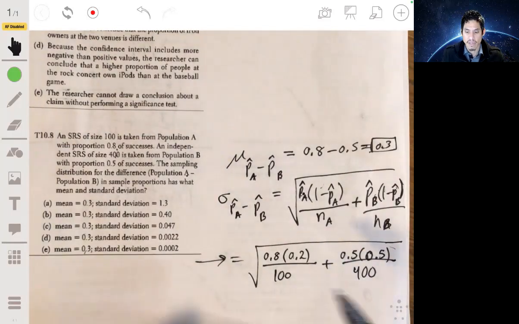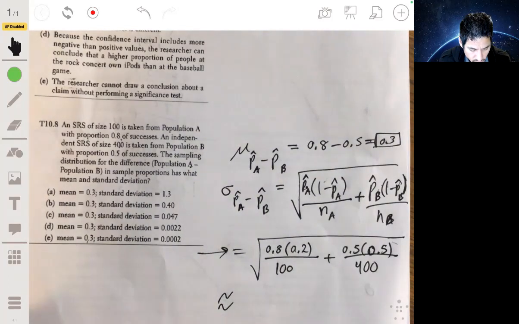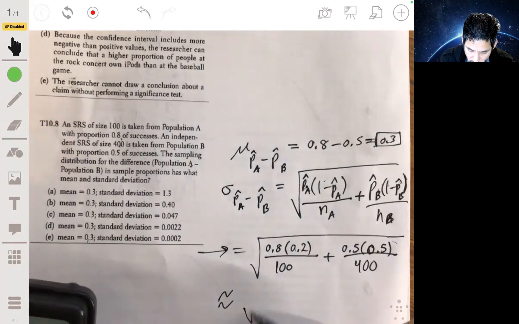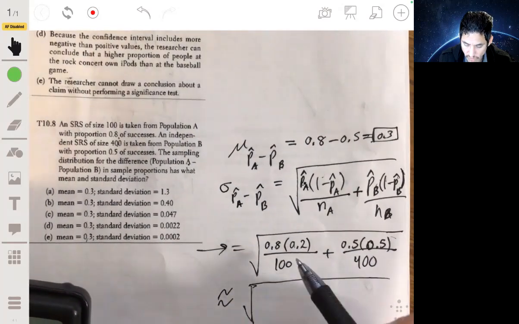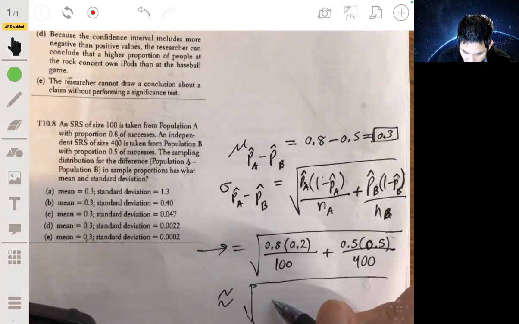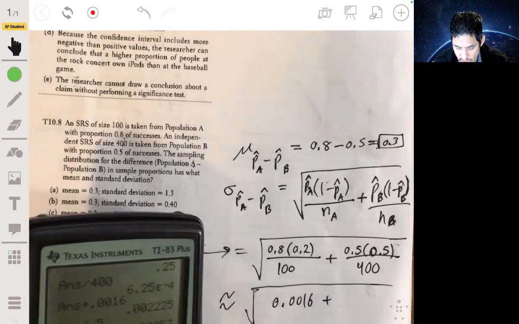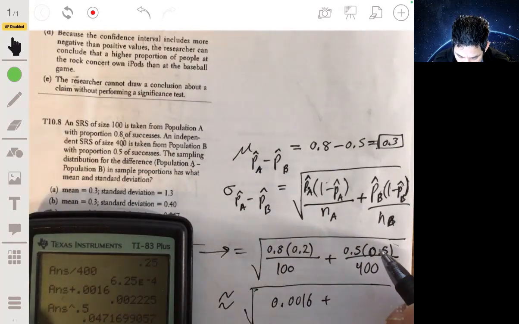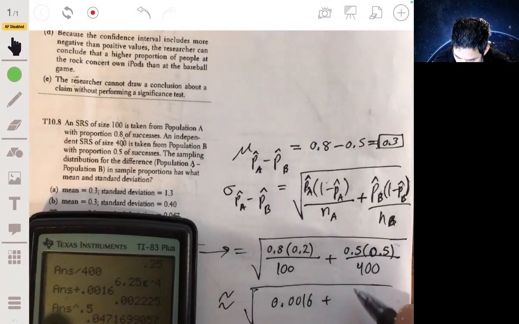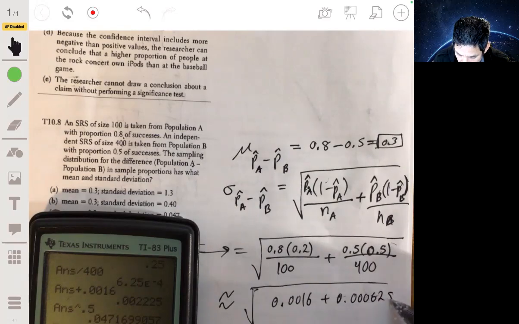So if you do the math correctly, under the square root you should get about 0.0016 plus 0.000625.